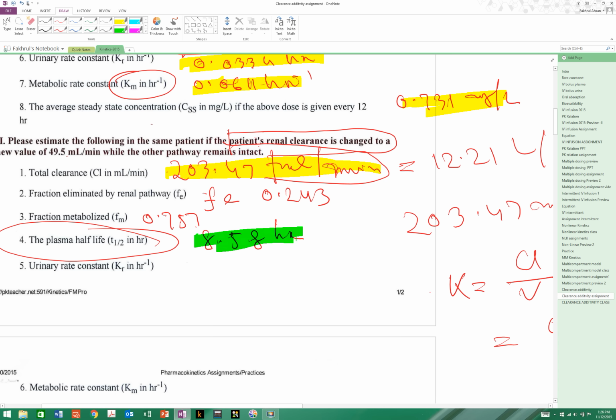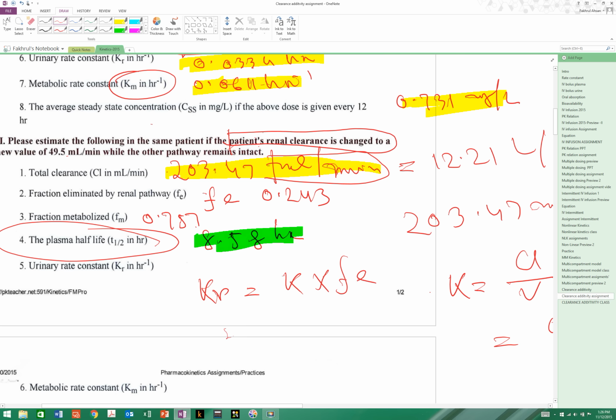And then urinary rate constant. Urinary rate constant is easy. You already know that Kr is equal to K times Fe, and we already know Fe.